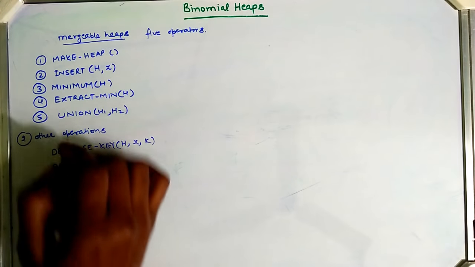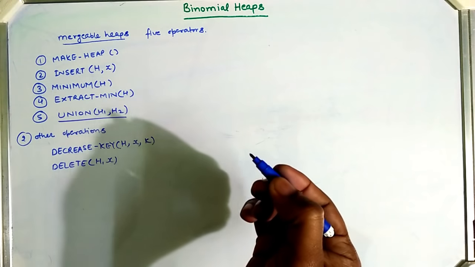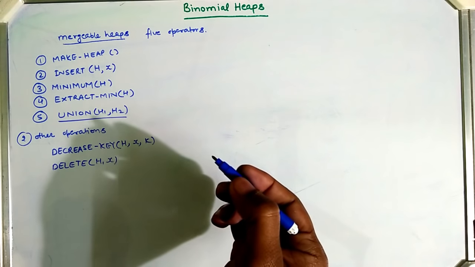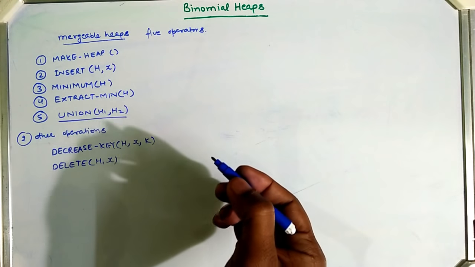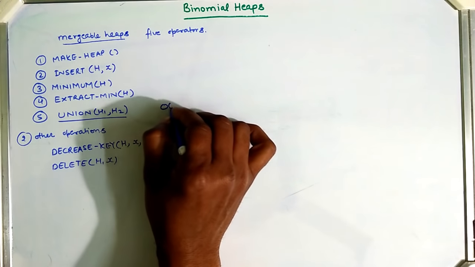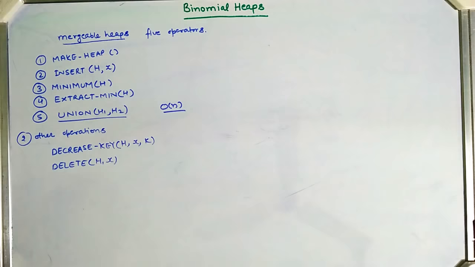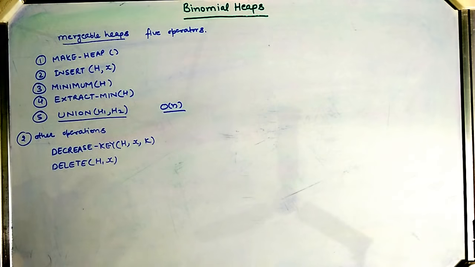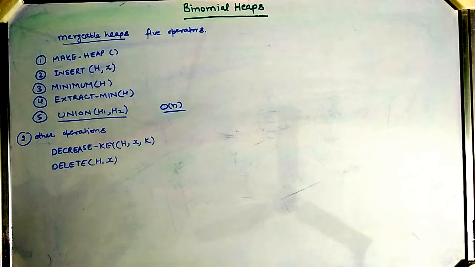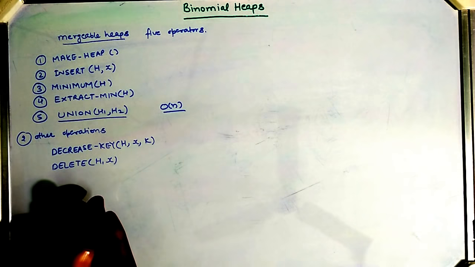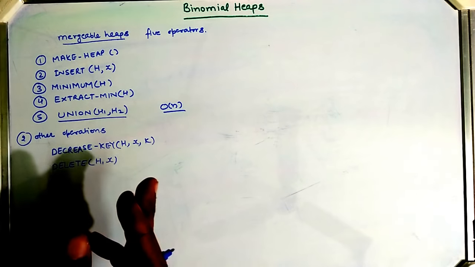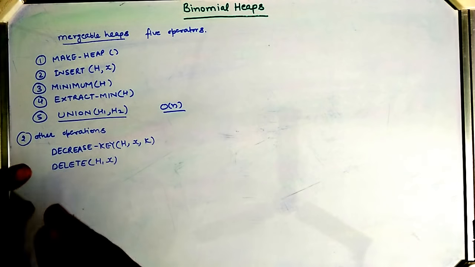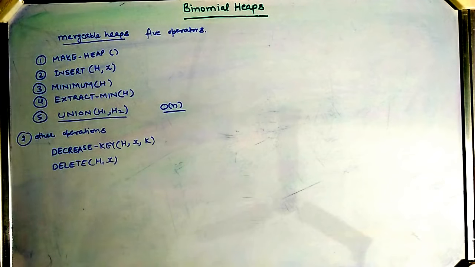If we apply the union operation on ordinary binary heaps, whether a max heap or a min heap, then this operation will generally take order of n time, because it will combine two or more elements from the heaps. If we consider binary heaps, an ordered array, ordered list, or any unordered array, the union operation will generally take order of n time in order to combine these two data structures.